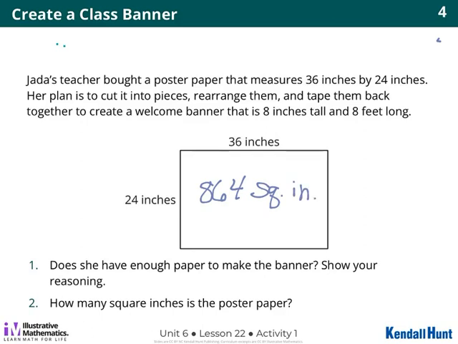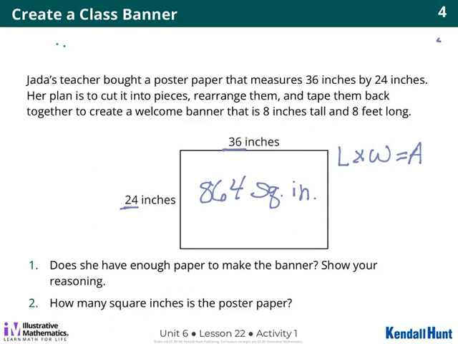Okay, so let's look at how we would get that. Guys, remember, anytime we're finding area, we're going to do length times width to get area. So we had to do 36 times 24.